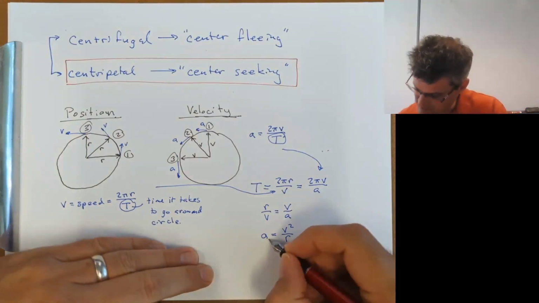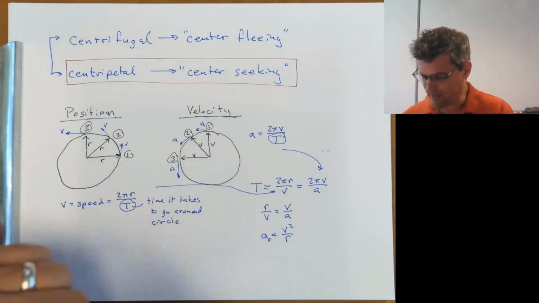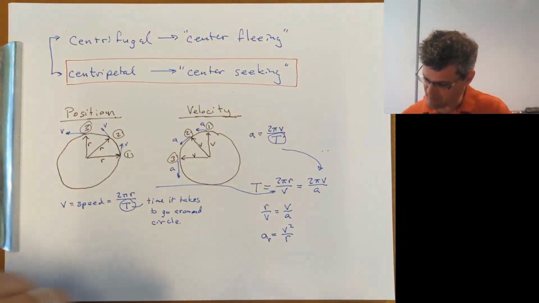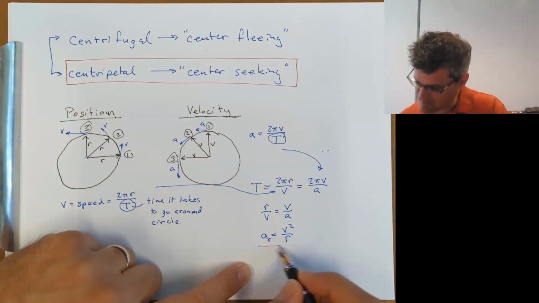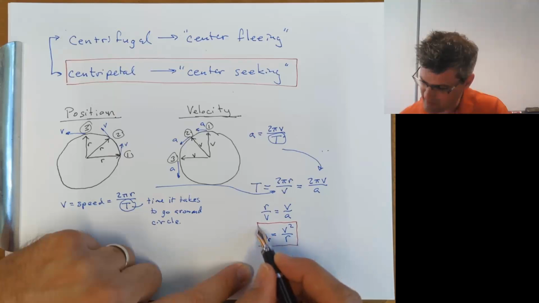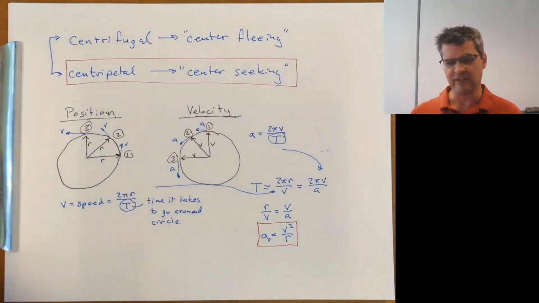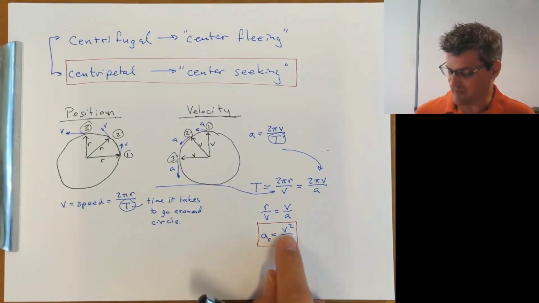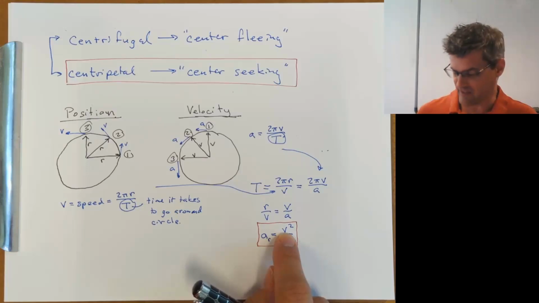So this is a center-seeking radial acceleration, centripetal acceleration, and we see that the acceleration that is required to stay on the circle depends on the speed of the particle. As the speed of the particle gets big, the acceleration that is needed is very big because it relates to the velocity squared.